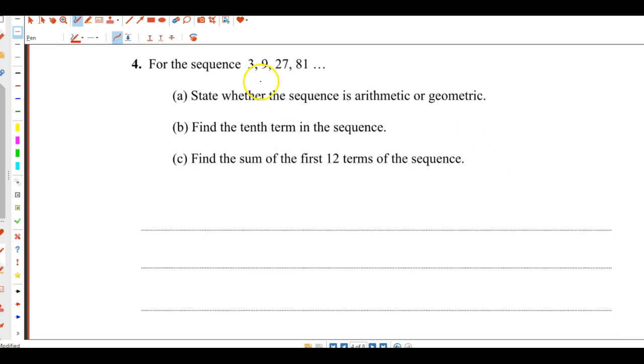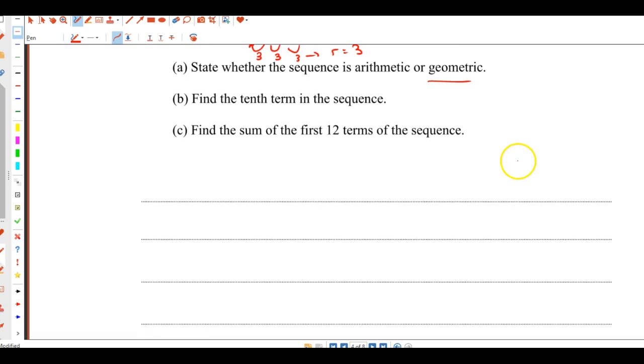Okay, let's have a look at this one. 3, 9, 27. This looks like 9 divided by 3, 27 divided by 9. Yep, we've got a common ratio of 3 here, haven't we? So we've got geometric. The 10th term in the sequence. So what's u10 here?